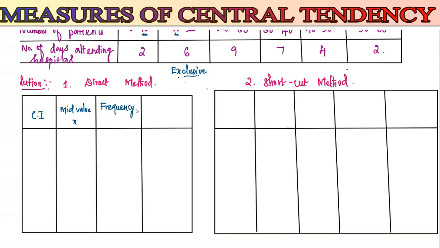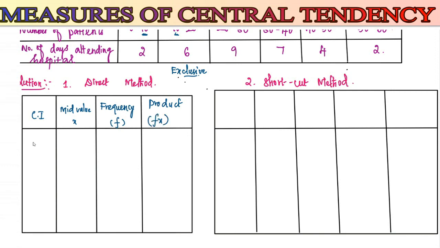It is denoted by the letter small f, and the fourth one, we just need the product of the mid value and frequency. So f into x.